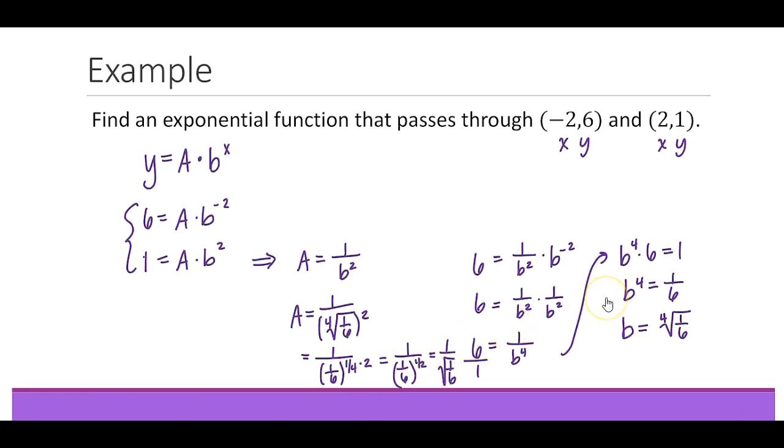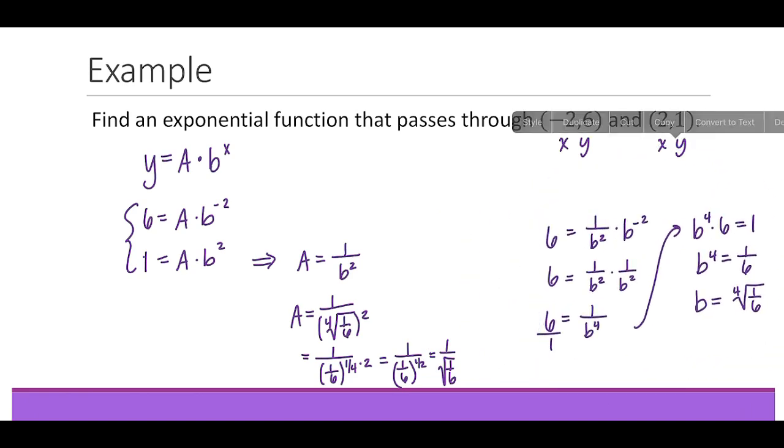And I can do a little bit more simplifying, because this is 1 over the square root of 1 over the square root of 6. Instead of dividing by a fraction, I can multiply by the reciprocal. So I get radical 6. Radical 1 is just 1, so when I multiply by the reciprocal, it's just radical 6 over 1. So that's my value of A.